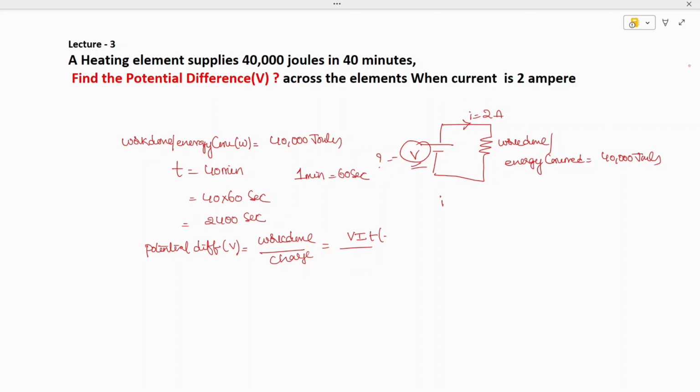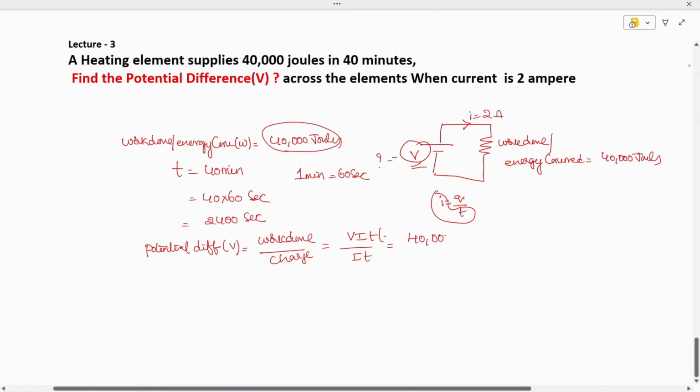For current, I is equal to Q by T, so the charge Q is equal to I into T. So V is equal to the 40,000 joules of energy divided by I into T.